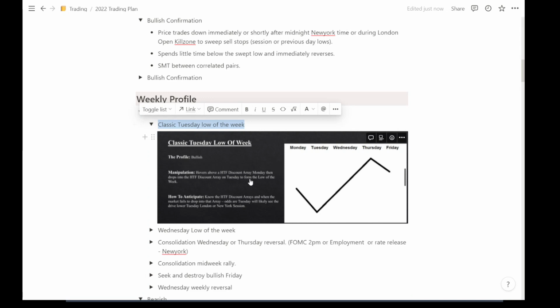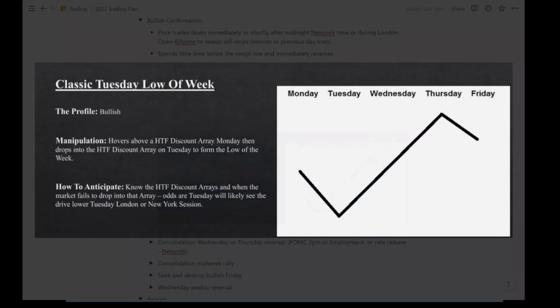Then I'll be using this profile as a guide. I'll look at the economic calendar as well, and based on the economic calendar and where the PD arrays are on the weekly time frame, I'll be looking to see which of the weekly profiles is going to unfold for that week.